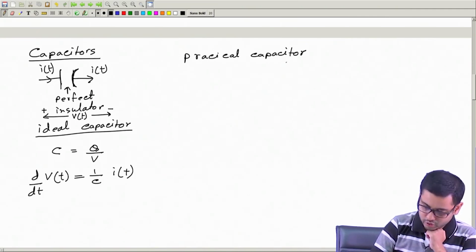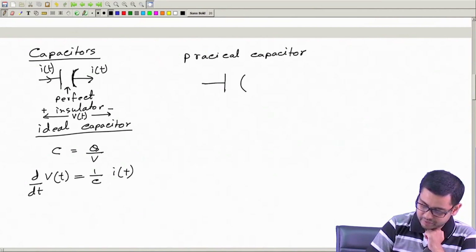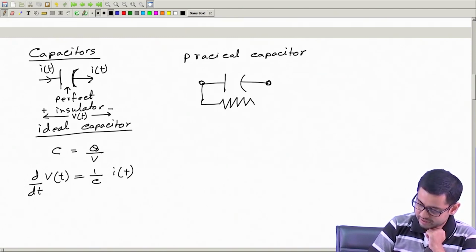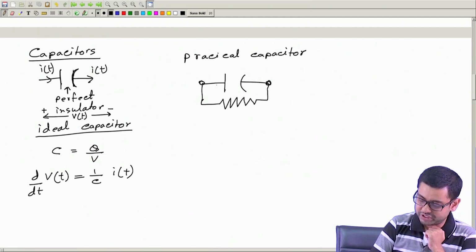So, a practical capacitor will always have some leakage current flowing from, say, this side to this side. And how do we model that leakage current? By giving a path, or a conductance, in parallel to this capacitor.